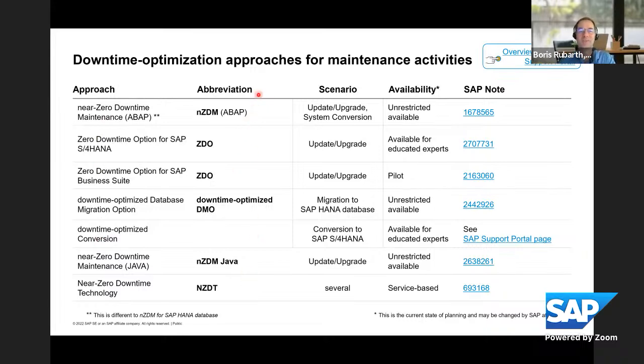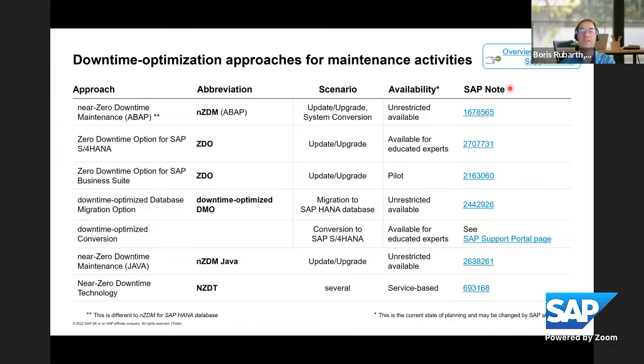Most of them have this Z in there. They are typically for specific scenarios only, so for update, upgrade, or for migration or conversion. And then we have listed the availability of those approaches. Availability, most of them are part of the delivery of the software update manager. Some are in a pilot state and some are not really a tool, but a service that is offered.